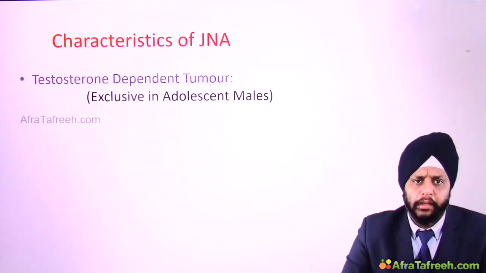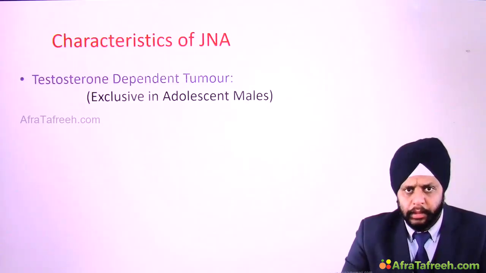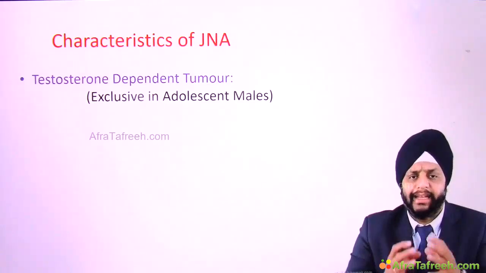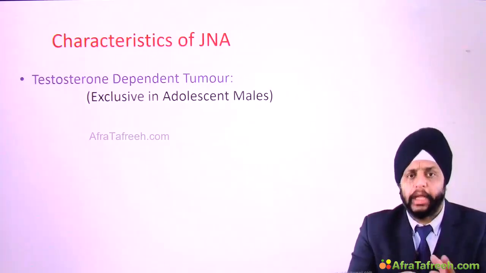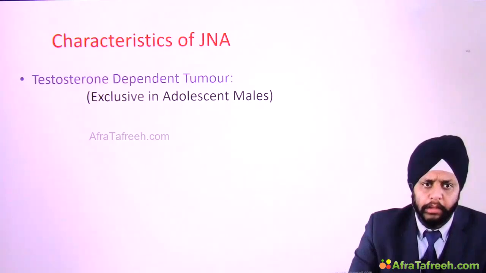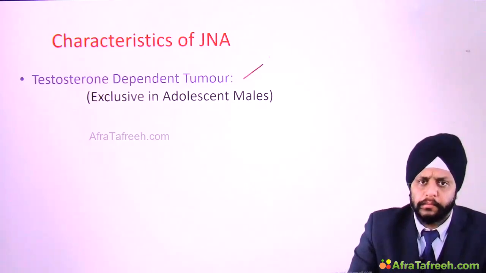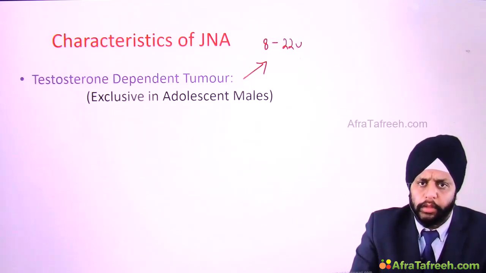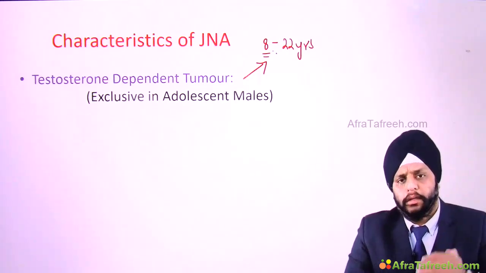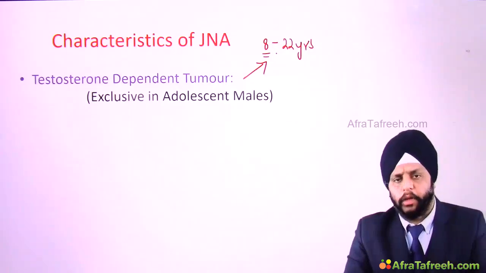Now, as the name suggests, this JNA is found only in adolescent males, juvenile males. All right. So what age group? The age group is, you can say, 8 years to 22 years. Why 8? Some males acquire adolescence early, some acquire it late.